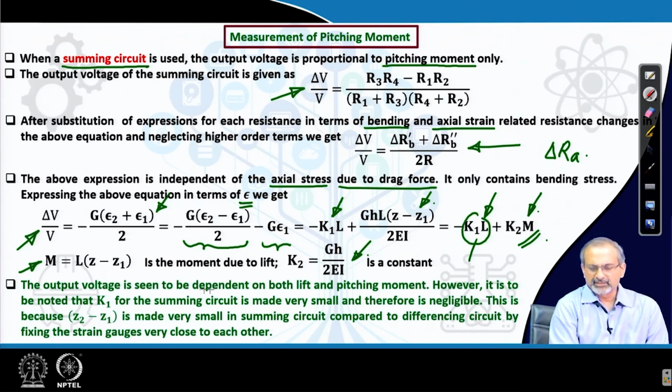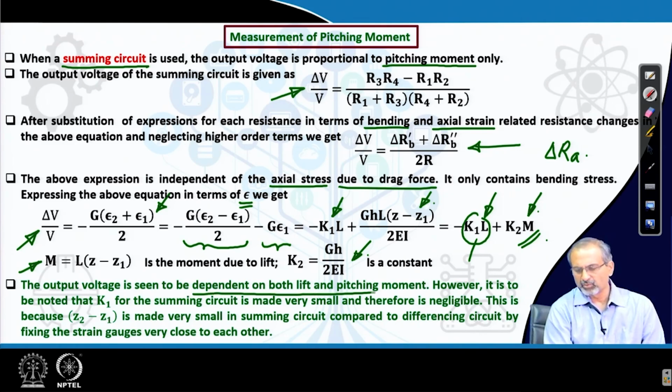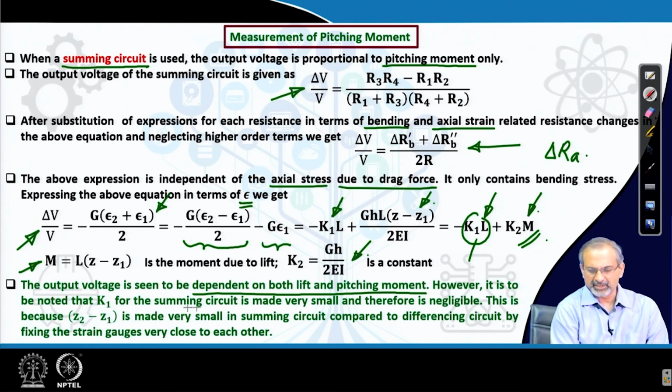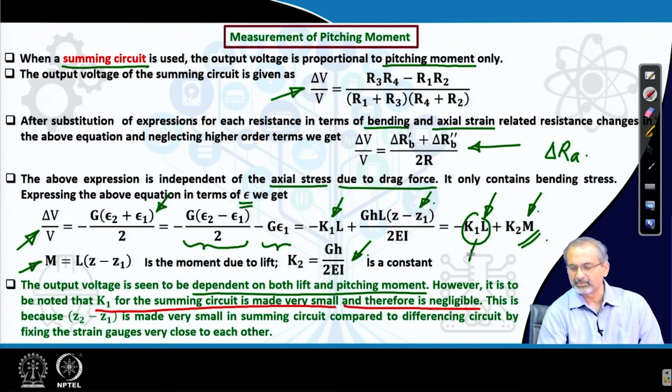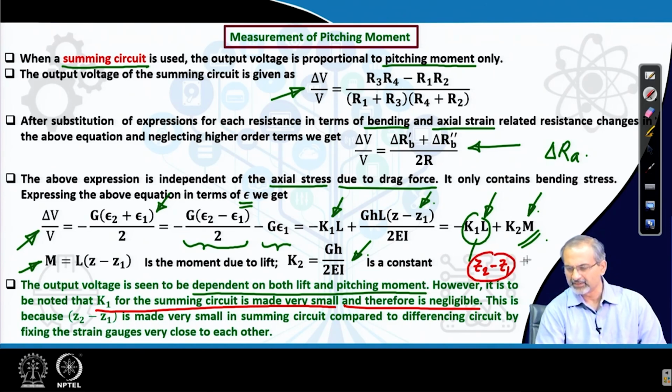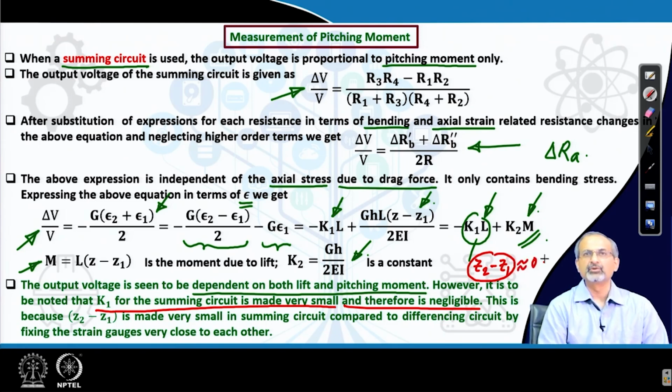The output voltage, as we can see, is dependent on both lift and pitching moment. However, it is to be noted that K1 for the summing circuit is made very small and therefore is negligible, because K1 depends on Z2 minus Z1, and if we are bringing the strain gauges extremely close to each other, then this becomes a very small value, nearly equal to 0, and therefore, essentially this term will go away from your expression.